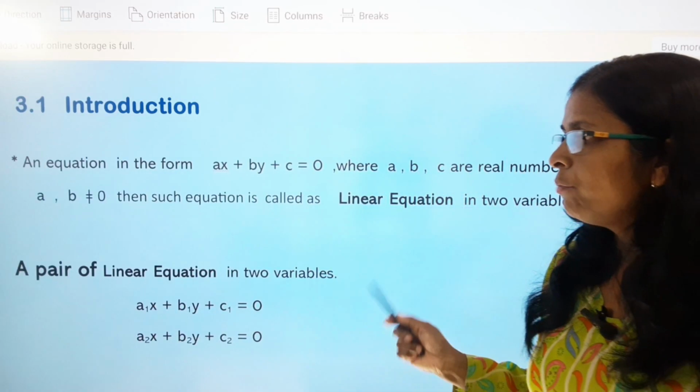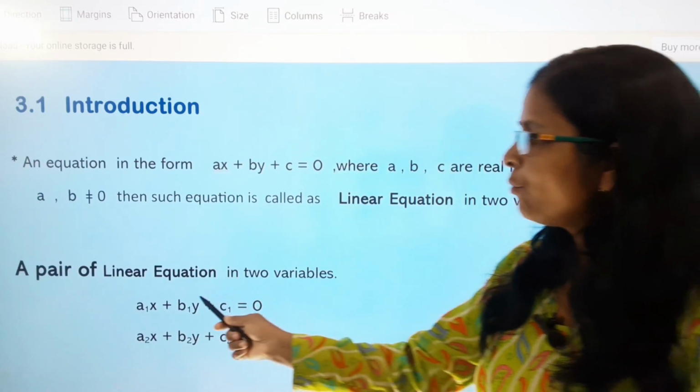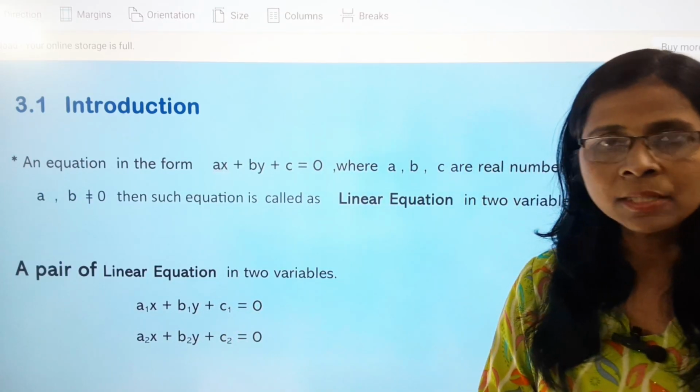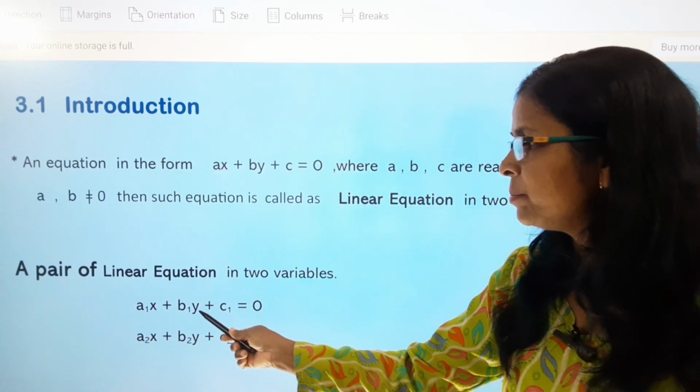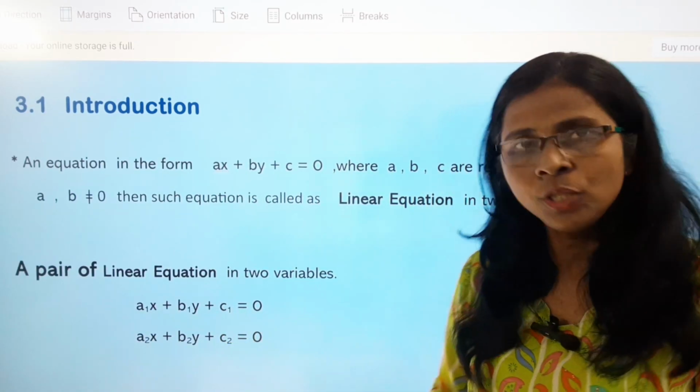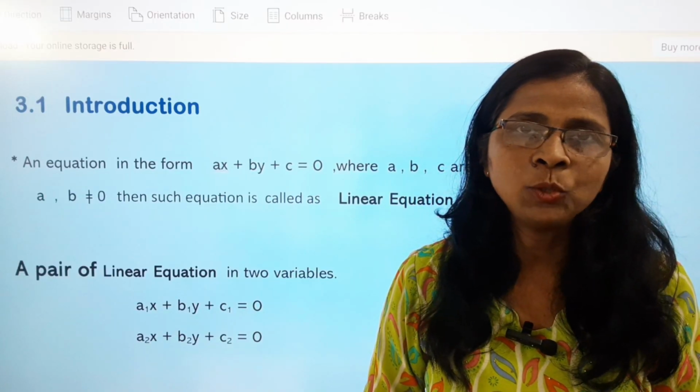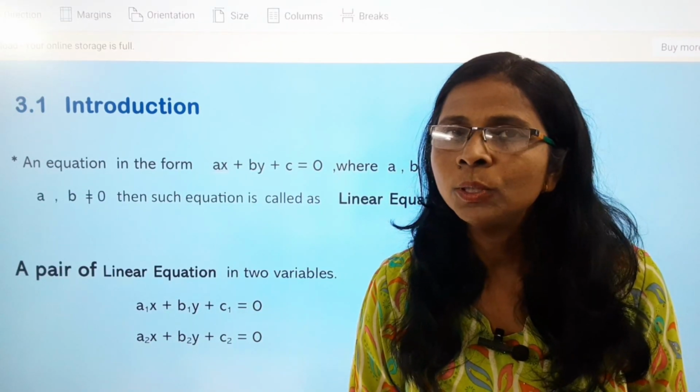Now if there is a pair of linear equations in two variables, then their general forms are a1x plus b1y plus c1 is equal to 0 and a2x plus b2y plus c2 is equal to 0.